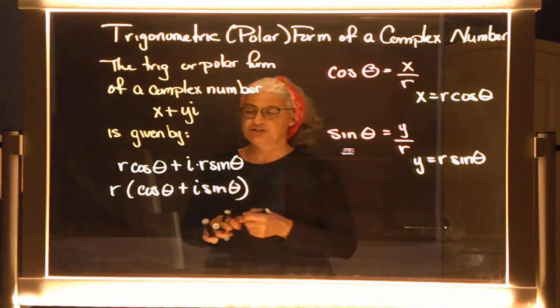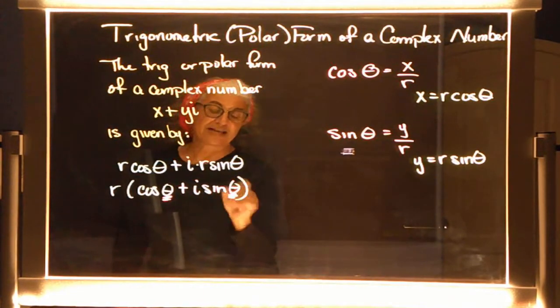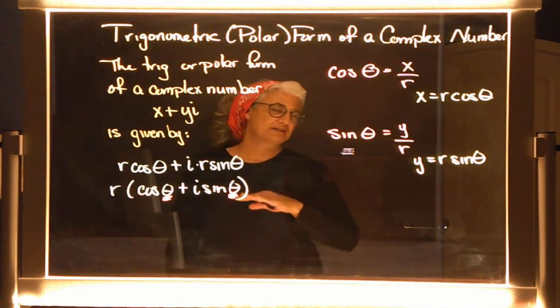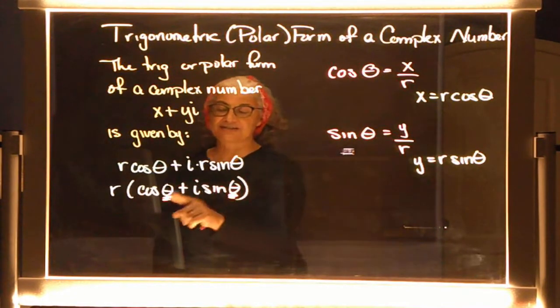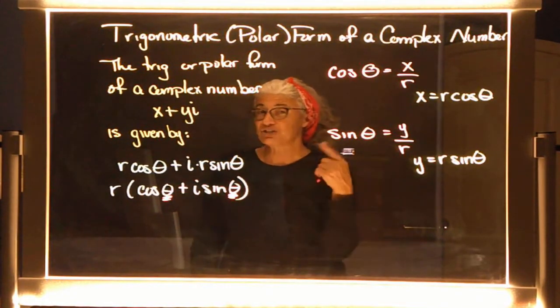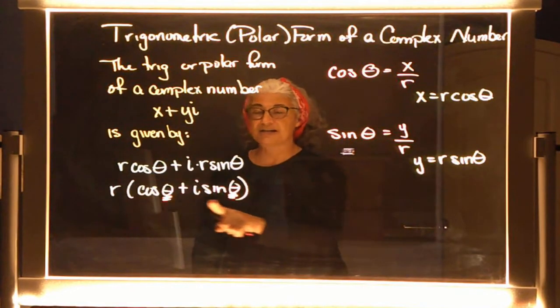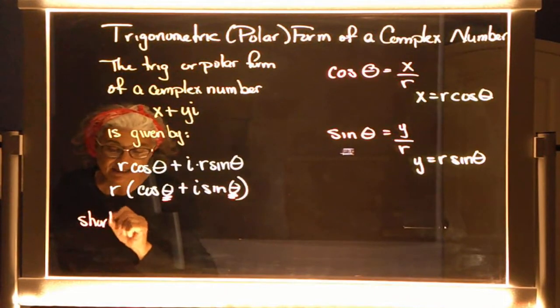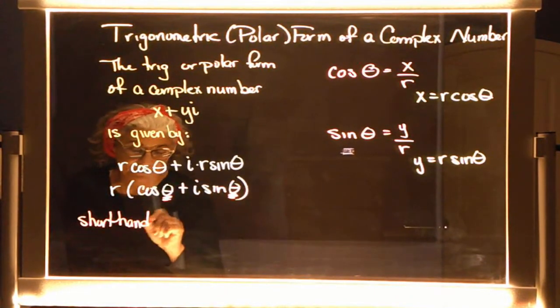An observation: these thetas are exactly the same angle. And they can be in degrees or they can be in radians, it doesn't matter. But the point is they're exactly the same angle. So we actually have a shorthand of writing the polar form of a complex number. And the shorthand looks like this. So watch.